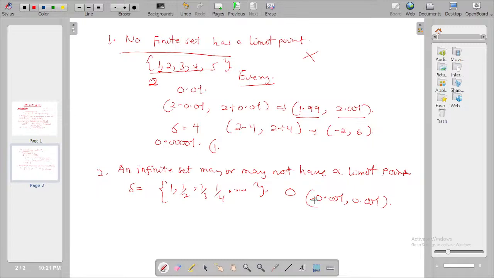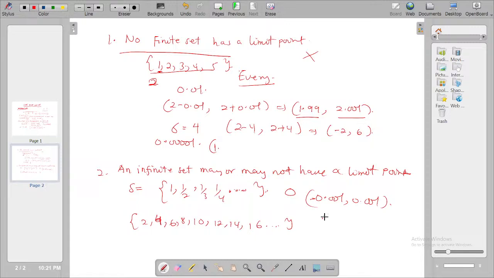So then let's see this infinite set. An infinite set like the set 2, 4, 6, 8, 10, 12, 14, 16. You get it? This is infinite. It doesn't end. And I tell you, this will never have any limit point.